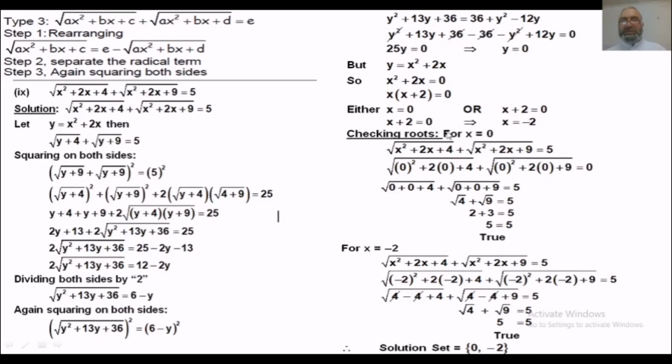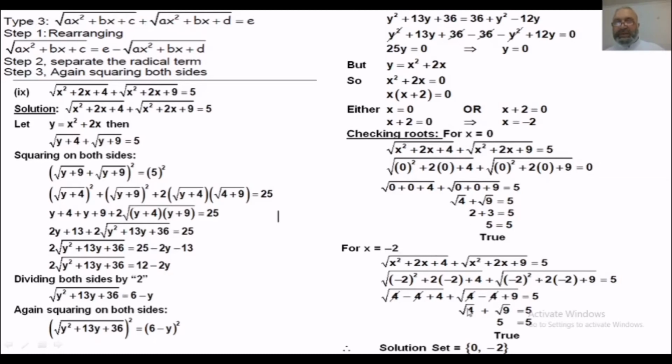Checking these two roots, for x is equal to 0, by the same method, putting x is equal to 0 in the original equation and simplifying, we have 5 is equal to 5. That is a true solution, so x is equal to 0 is in the solution set. For x is equal to minus 2, again put x is equal to minus 2 in the original equation.